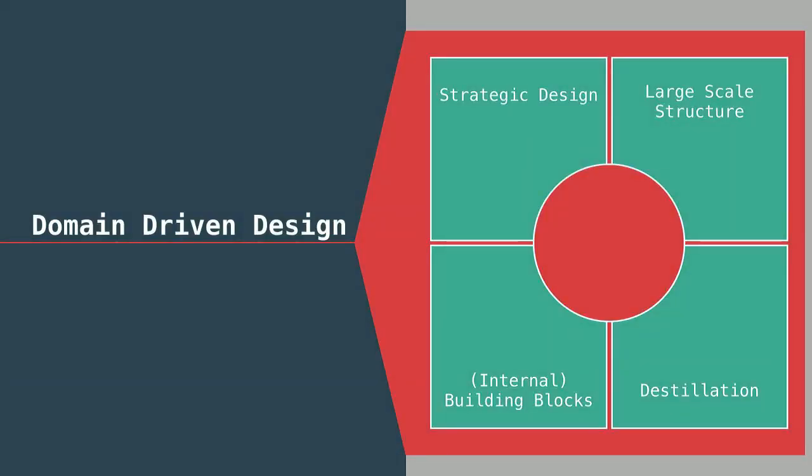Basically, the part of domain-driven design. Domain-driven design isn't only about, let's say, the internal building blocks that we have been talking a lot about in the early half of the year 2000 or also the mid-half of the year 2000.